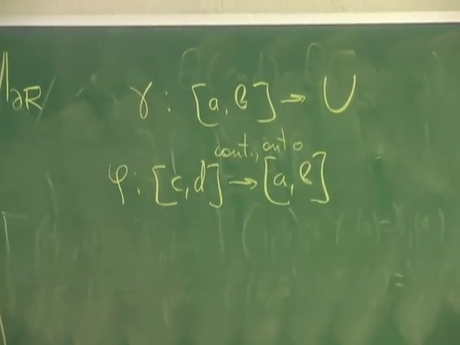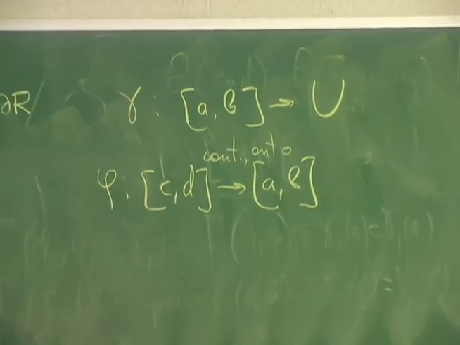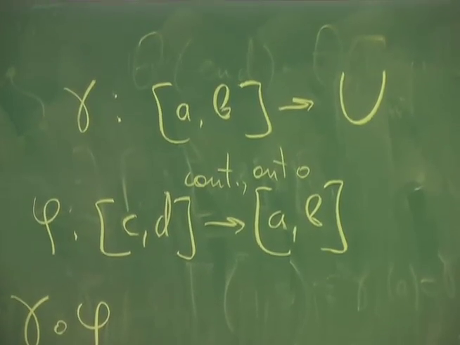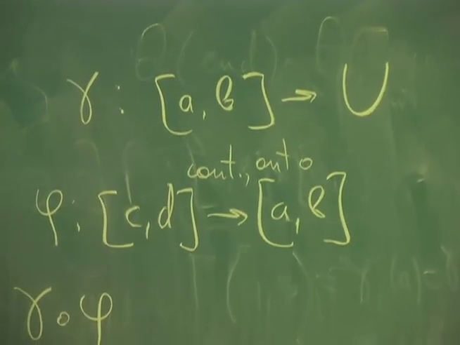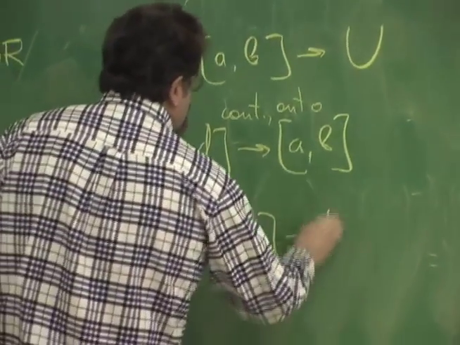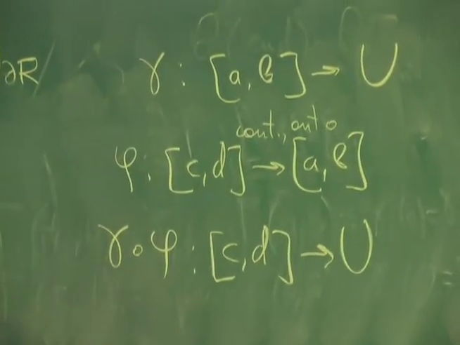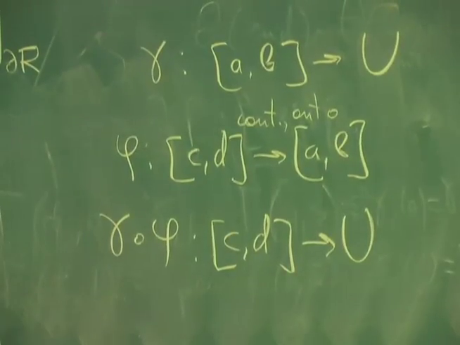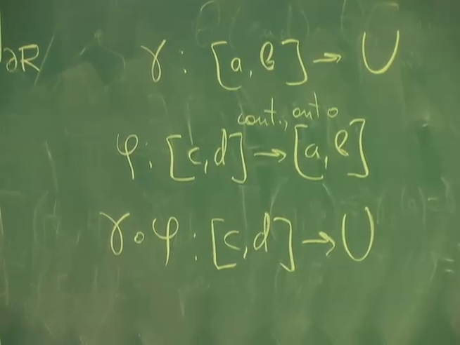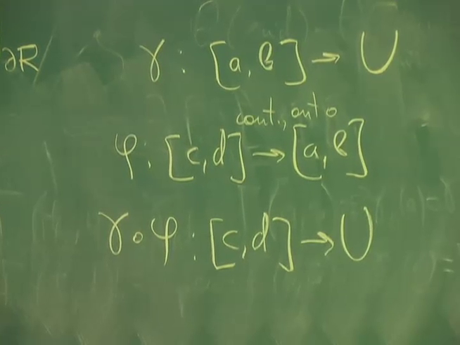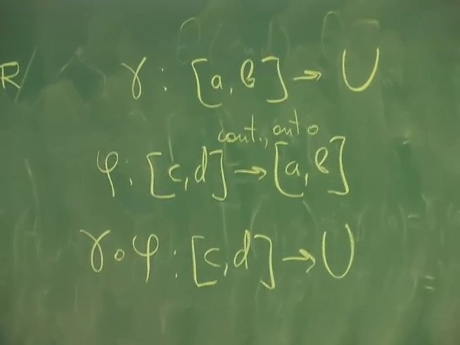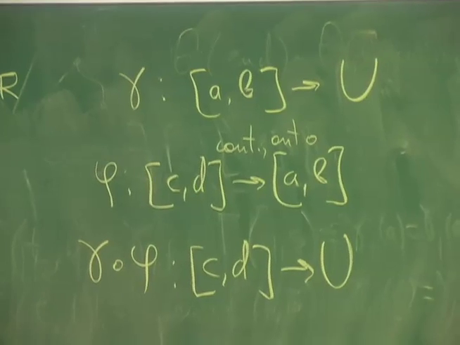Not one-to-one, but onto. Then I can consider the composition of these two mappings. It will be a mapping from CD to U. So this is another curve. And this curve is called a reparametrization of the previous curve, for obvious reasons.